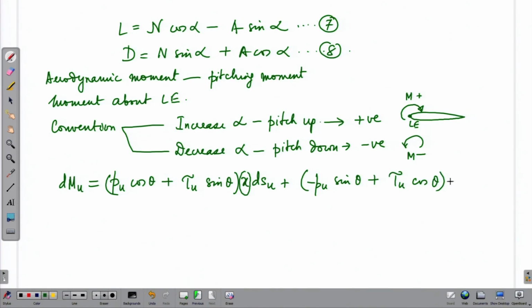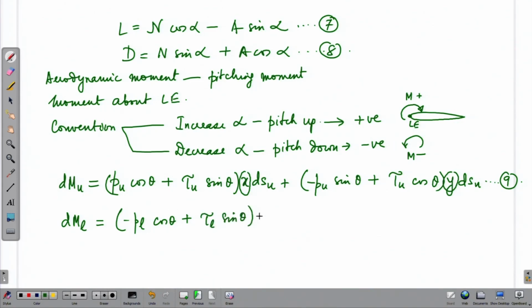And what we are doing is we are using the moment arms x and y to compute the effects on the upper and lower surface. We will draw a small diagram at the bottom to explain what we mean by those moment arms.